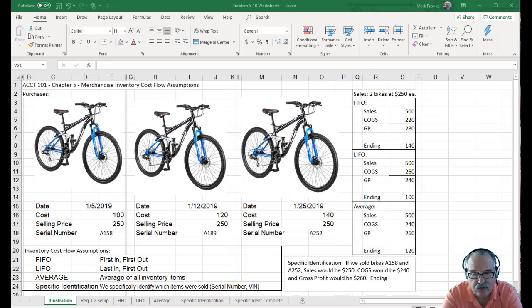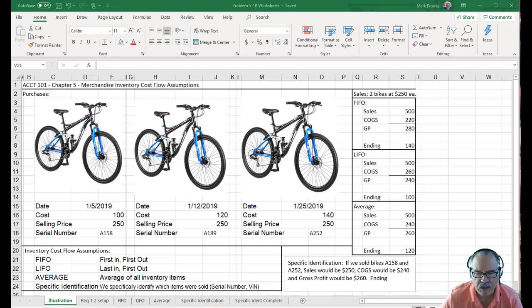And then if we use specific identification, we sold our 2 bikes, we could say, well, because we have a serial number, we know we sold A158 and we know we sold A252, so that's $240, 100 plus 140. Our cost of goods sold is $240, and gross profit would be $260. Now, this is just by coincidence the same as average, but again, that's just because of the numbers that I'm using.